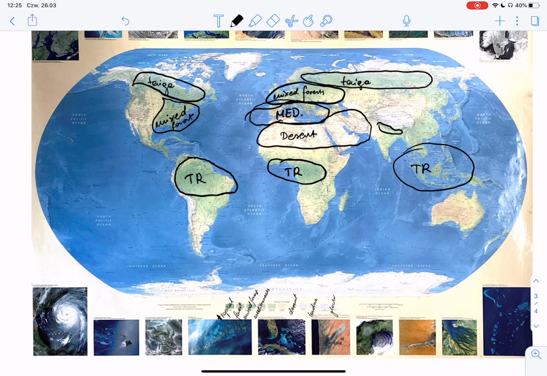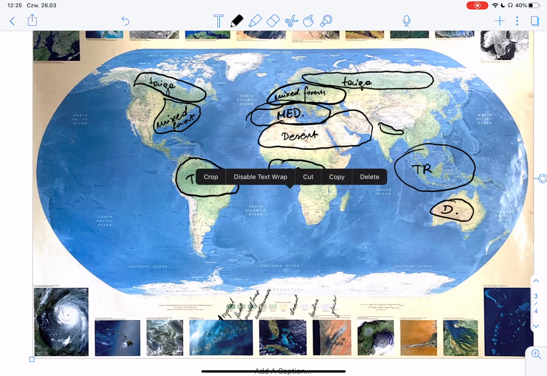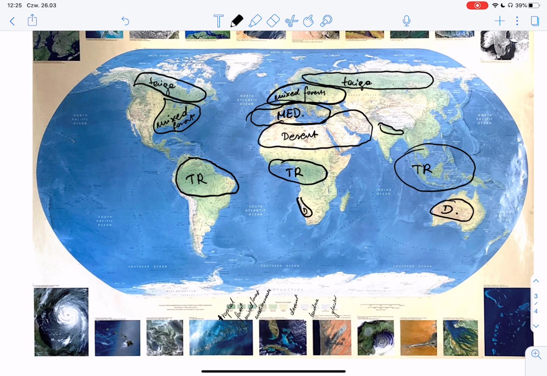What else, guys? Here we also have a desert. And here just a little bit more of a desert. But there are some subzonal climates, just like this, and this, and a little bit of this, and this.